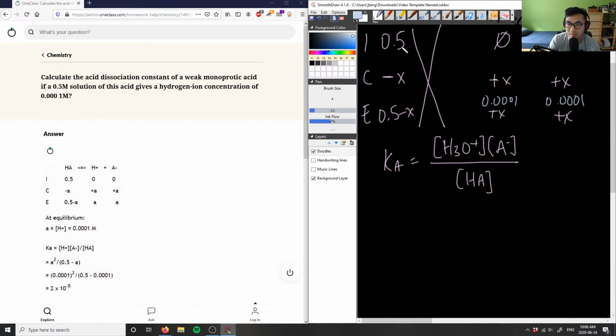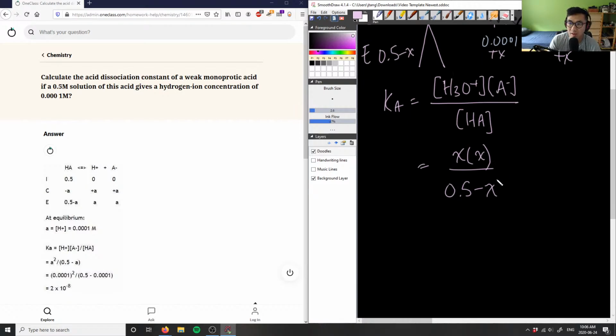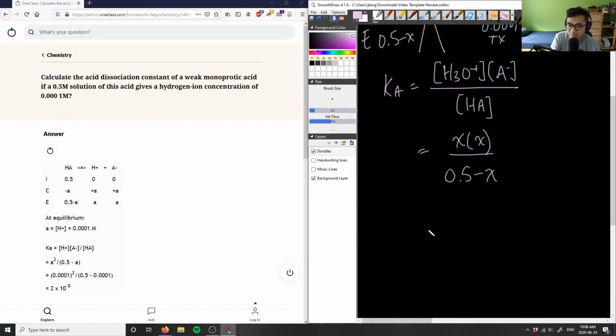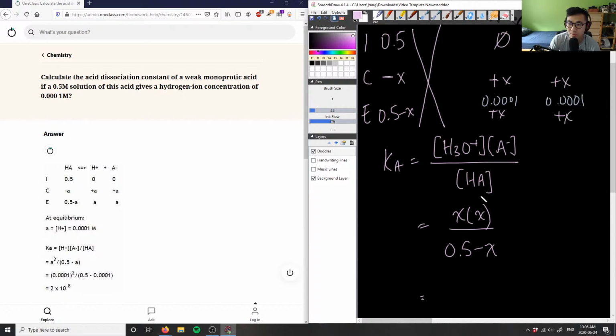So let's write that down. Let me substitute these first. So hydronium, which is x, times A minus, which is x, divided by HA, which is 0.5 minus x. And my x, the concentration of our hydronium at equilibrium, is 0.0001.